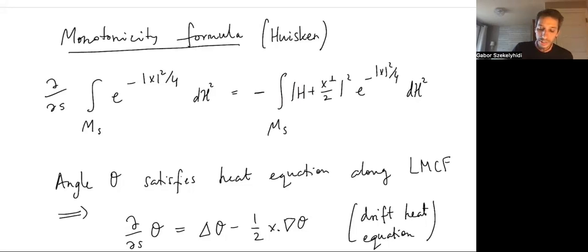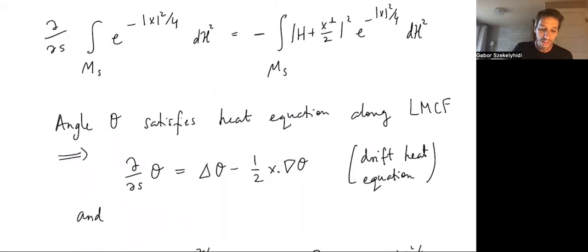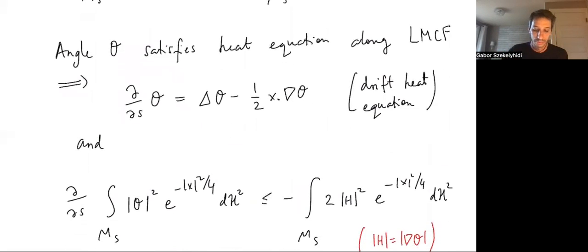Okay, so this is true for any mean curvature flow. In the Lagrangian case, there's this extra structure given by the Lagrangian angle, and a crucial fact is that the Lagrangian angle satisfies a nice evolution equation. Along the regular mean curvature flow, it satisfies the heat equation, and along the rescaled mean curvature flow, it satisfies the so-called drift heat equation. It has this extra drift term that's coming from this extra scaling along the rescaled flow.